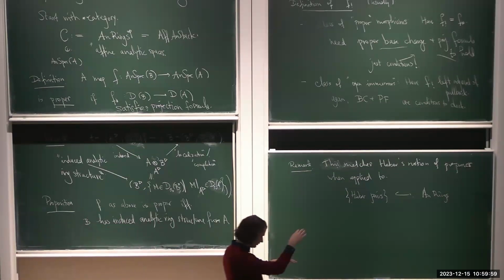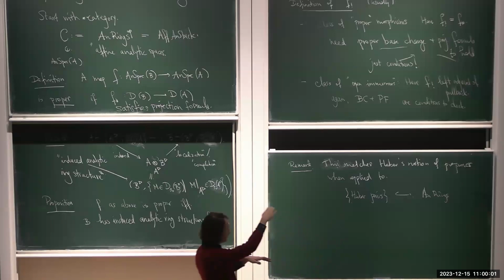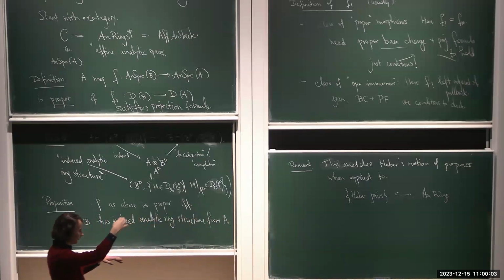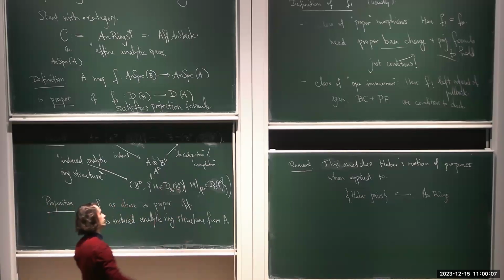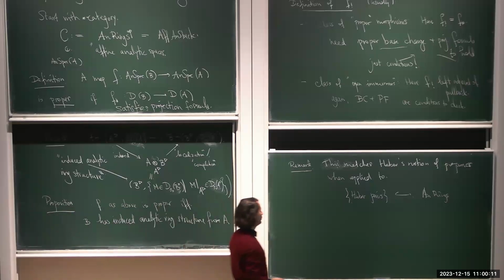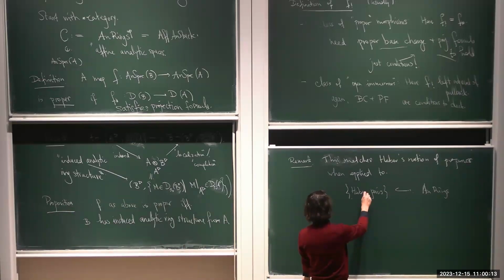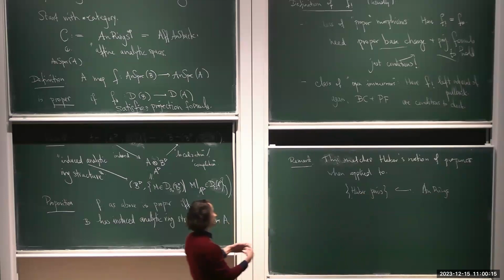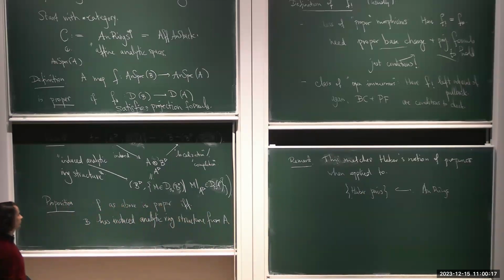And if you have a map of Huber pairs where the A plus upstairs is like the smallest possible thing it can be determined by the A plus downstairs, and this is something he calls already proper. And it turns out that it satisfies also in the étale cohomology all the good properties that the proper map should satisfy, like proper base change and so on.